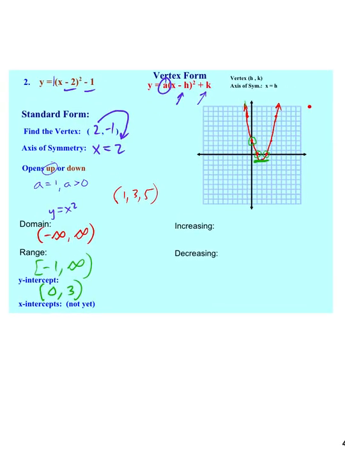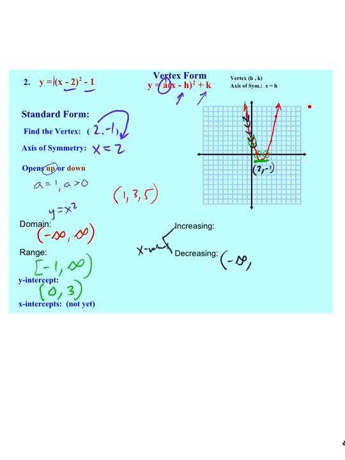Now, lastly, where is this increasing and decreasing? Well, coming in from the left, it's decreasing, really starting at -infinity, and it stops decreasing at an x of 2. Again, this is 2, -1, and for increasing and decreasing, we're looking at x values here.